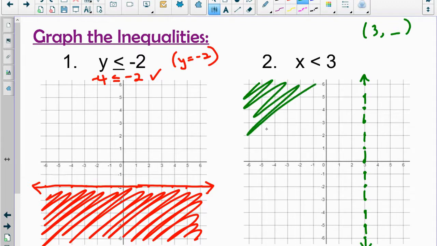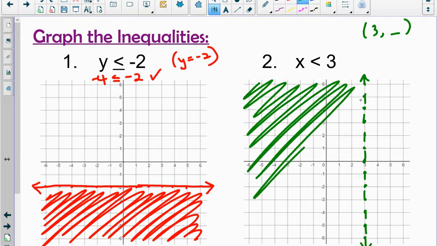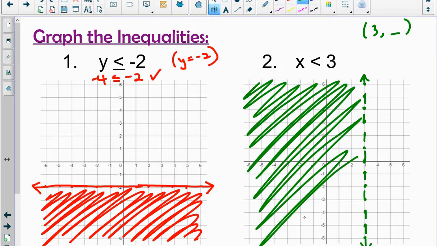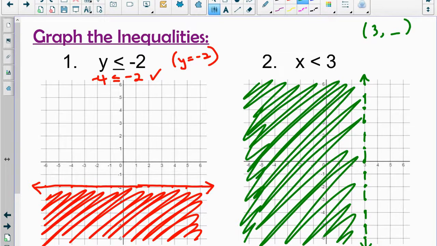So now we just want to shade in the left-hand side of that boundary line to show all the solutions are on the left side. And it doesn't have to be perfect. You don't have to fill in every square inch, but if you can, just try to make it very clear and show where those solutions are.